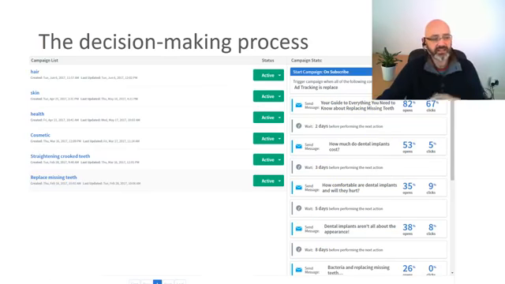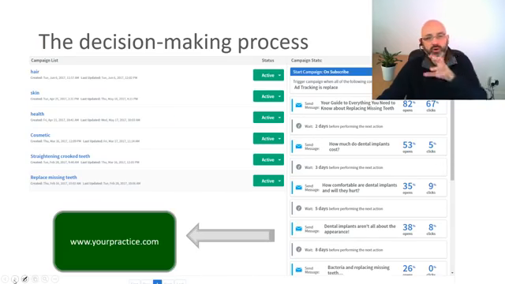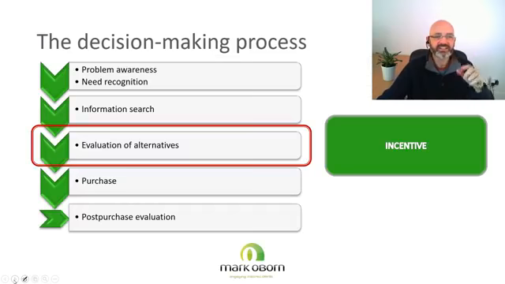You'll see how this comes together in a moment. All of these will then be driving patients back to your website. Each of these emails will have a call to action to drive a person back to the next stage in the process. And I'll show some arrows on this at the end.